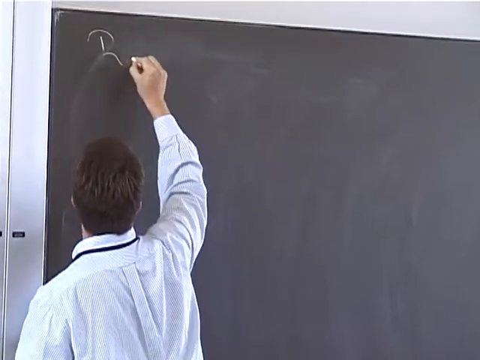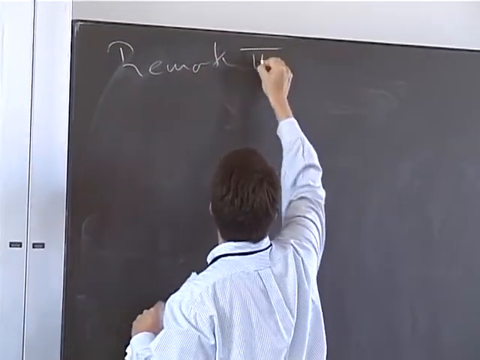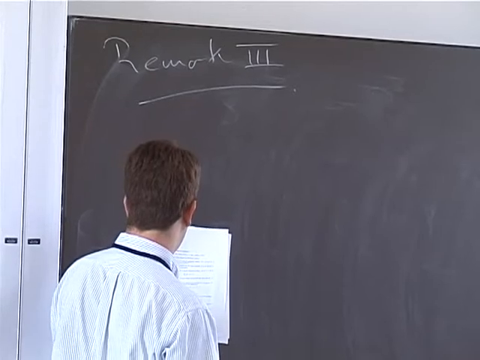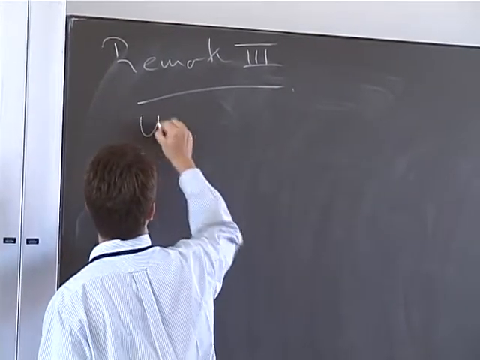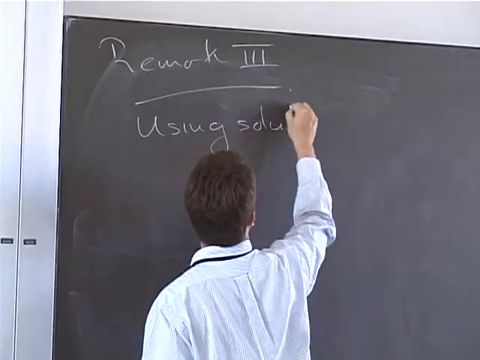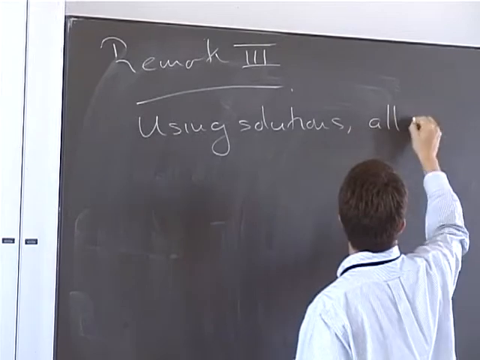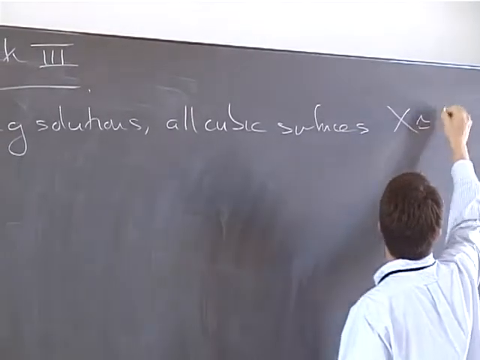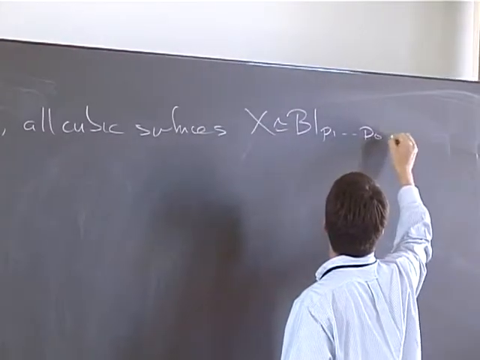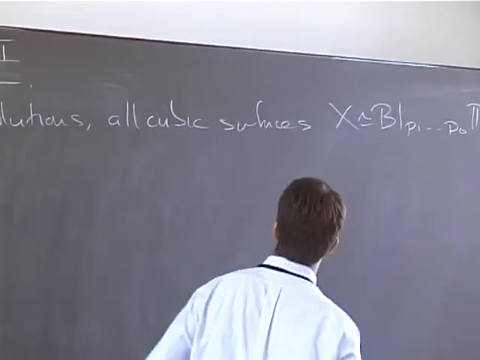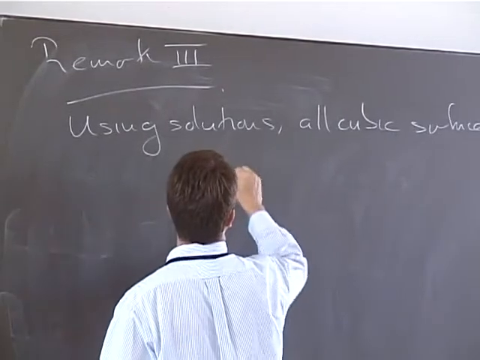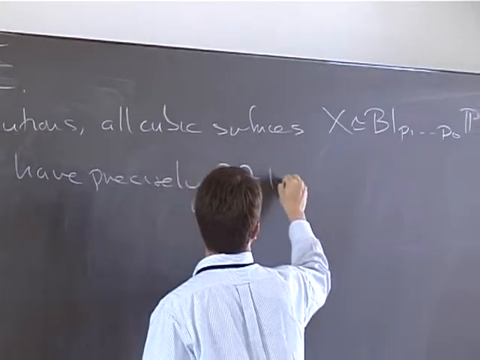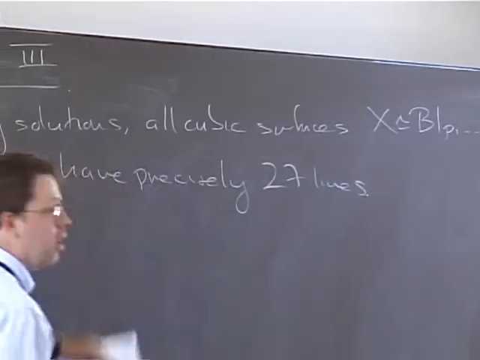So the last remark is that, using these solutions, all cubic surfaces X which arise as a blow-up of 6 points have precisely 27 lines. But we don't know that all cubic surfaces have this form.